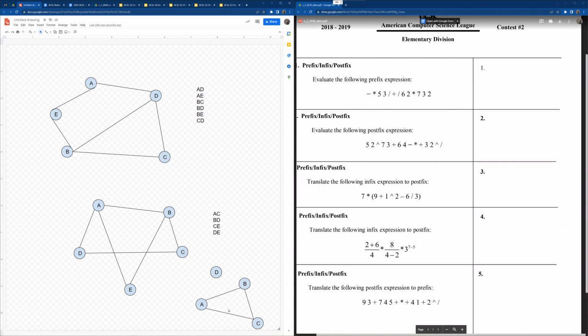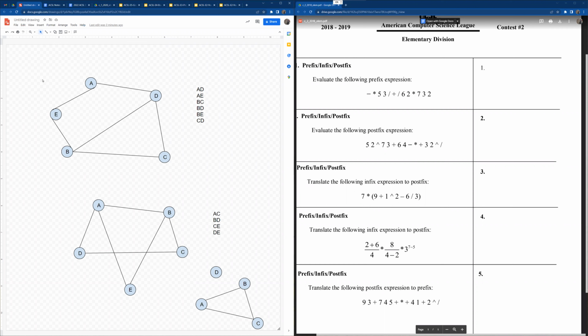Well, I suppose in this one you can have two, ABCA and ACBA, if that order matters. But in this one, for example, with A, B, C, D, E, to count all the cycles, you would have to work on that a little bit.